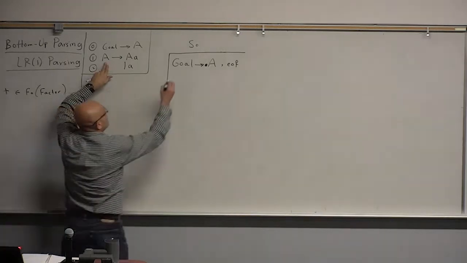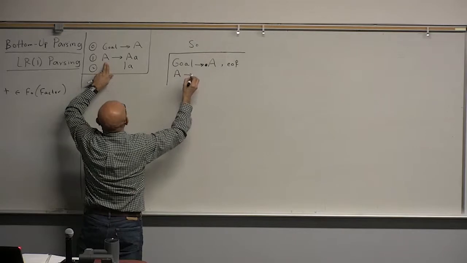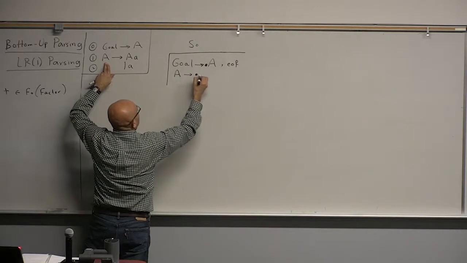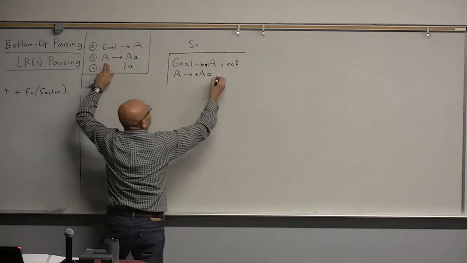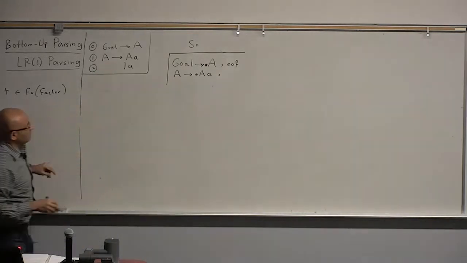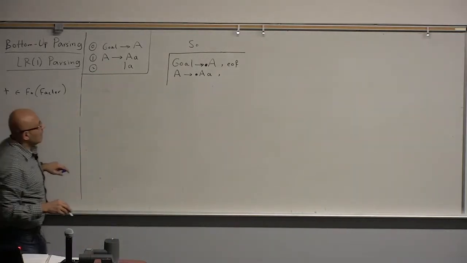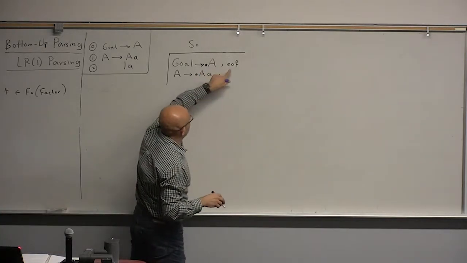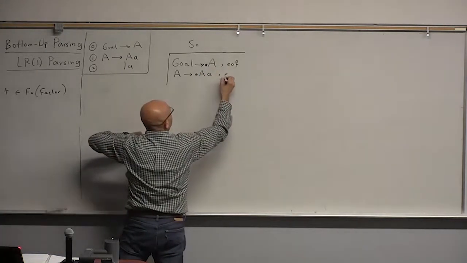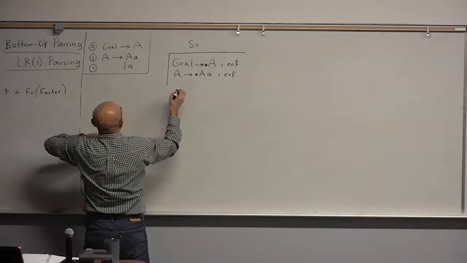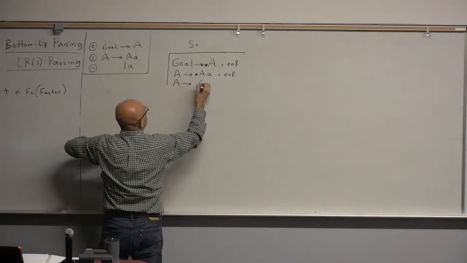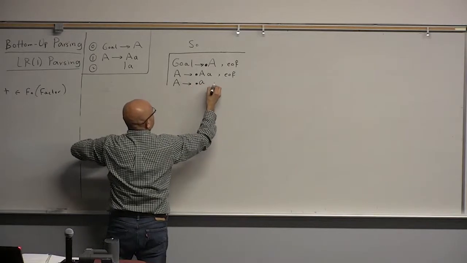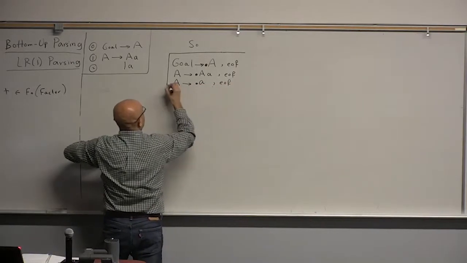We have this A is A. Now, what's going to be our look ahead? Our look ahead in this case is going to be the end of file itself. And here, A is A, and we are in the beginning of this, and our look ahead is end of file itself.